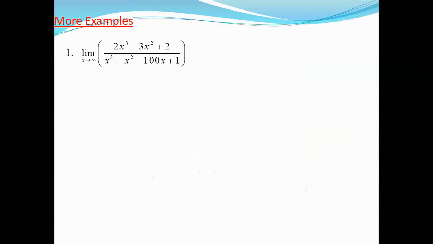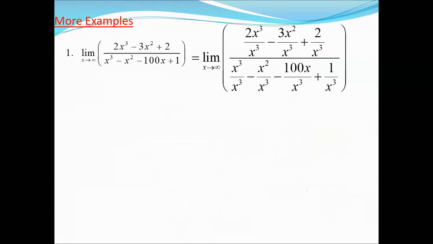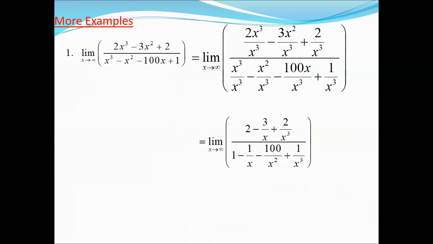Now, second example. Again, take x cube common and cancel, or simply divide by x cube. Apply the limit. Here 3 by x tends to 0, 2 by x cube tends to 0, 1 by x tends to 0, 100 by x square tends to 0, and 1 by x cube also tends to 0. So the remaining terms are 2 in numerator and 1 in denominator.